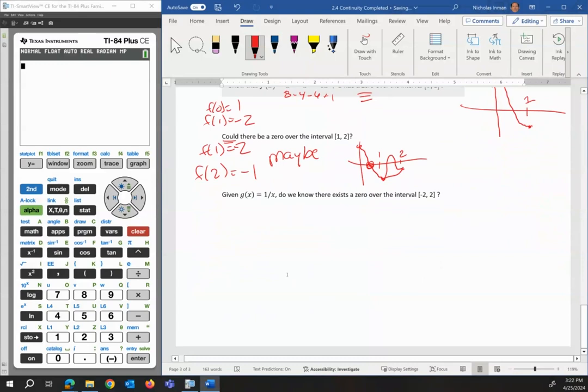And then g of x equals 1 over x. Do we know there's a 0 between the interval negative 2 and positive 2? G of negative 2, 1 over negative 2 is negative 1/2.